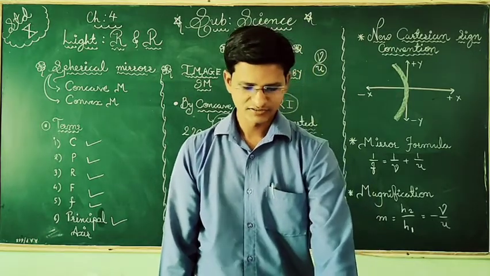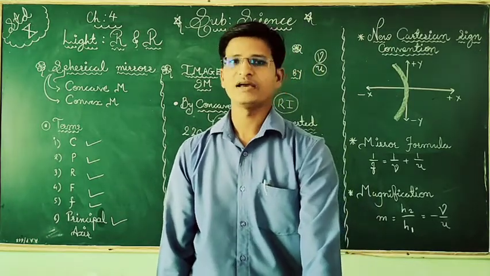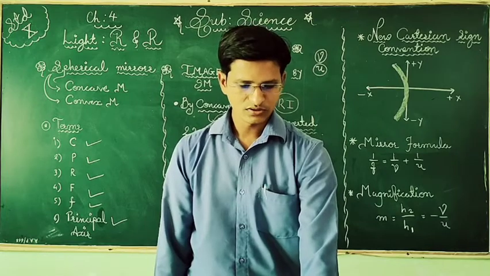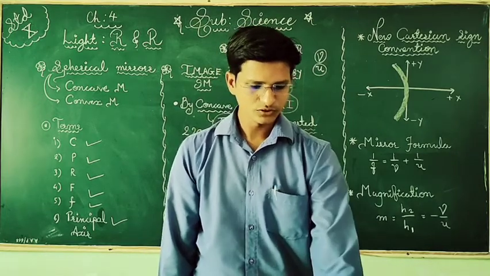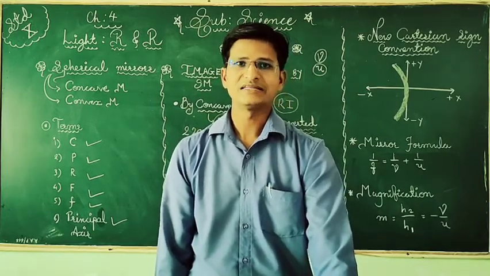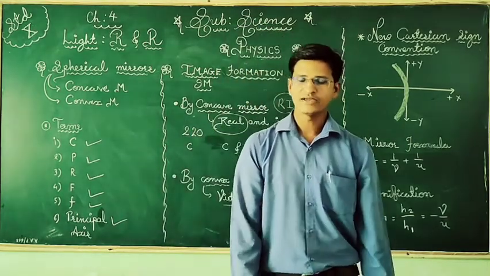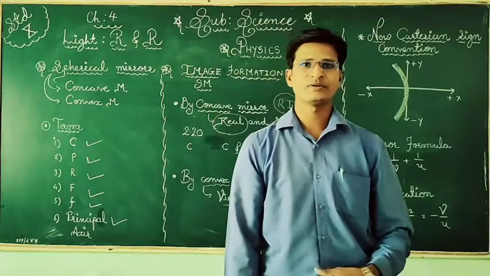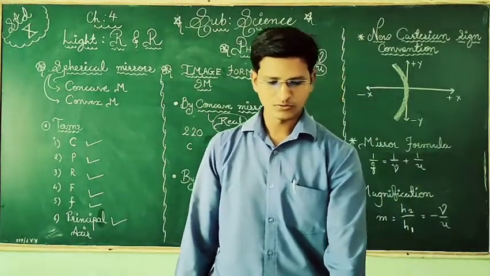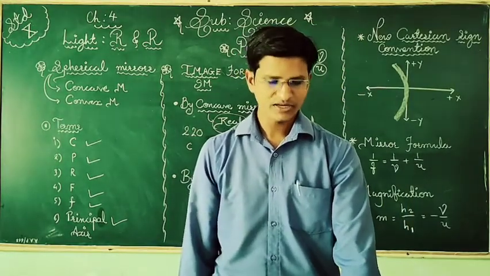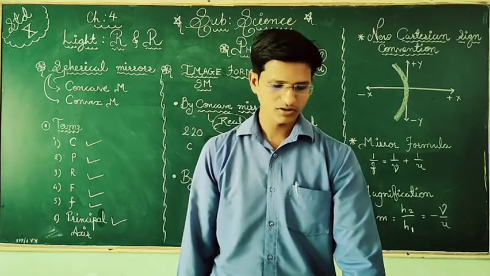You can see that diagram also. It can be asked in the exam: draw a diagram which shows the position of the object at infinity. This type of question they can ask. It has been asked in previous exams, so you have to prepare every corner.